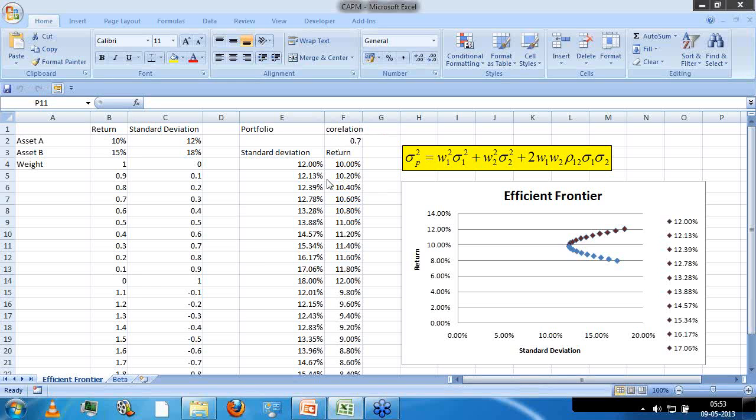That is, if the stock of asset A increases, the stock of asset B also increases. So, is it going to be better for the portfolio or not?